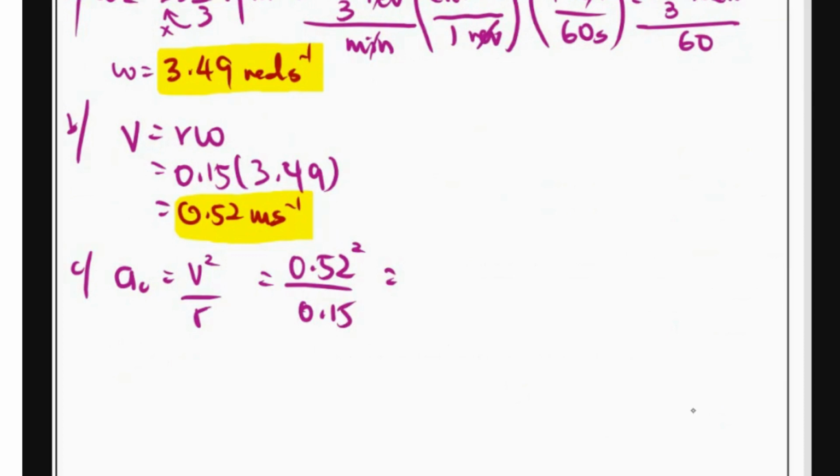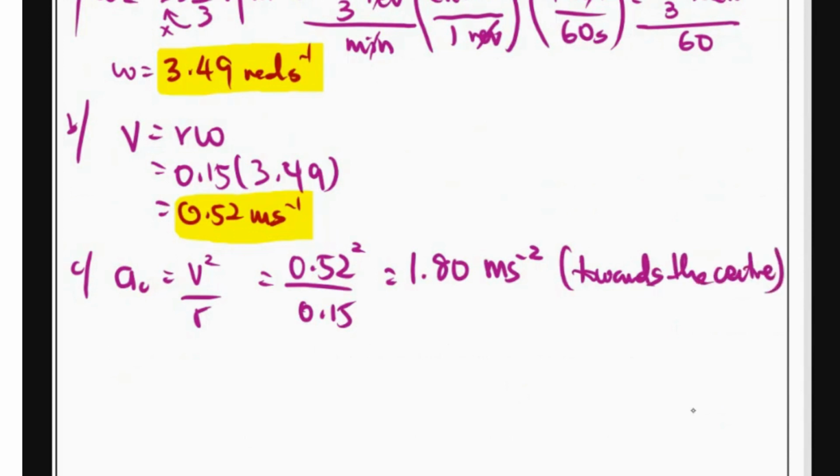And then you got the answer is 1.80. The unit is in meter per second square, just like the linear acceleration. And then to get the mark, you have to show the direction because this is a vector. This is compulsory to write down as well in your exam.